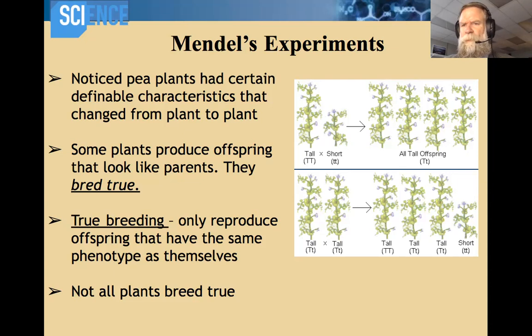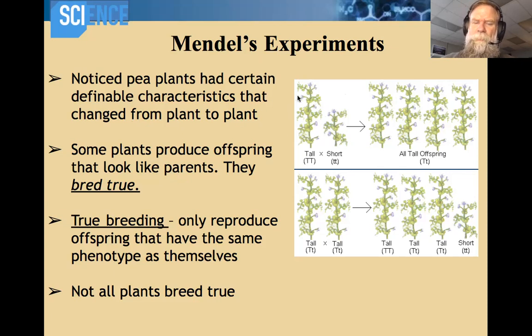And so he started to play with breeding of these a little bit. When he bred a tall with a short, he almost always got all tall offspring. That's an interesting situation. These plants are breeding true. The tall plants always give us tall offspring in this case.